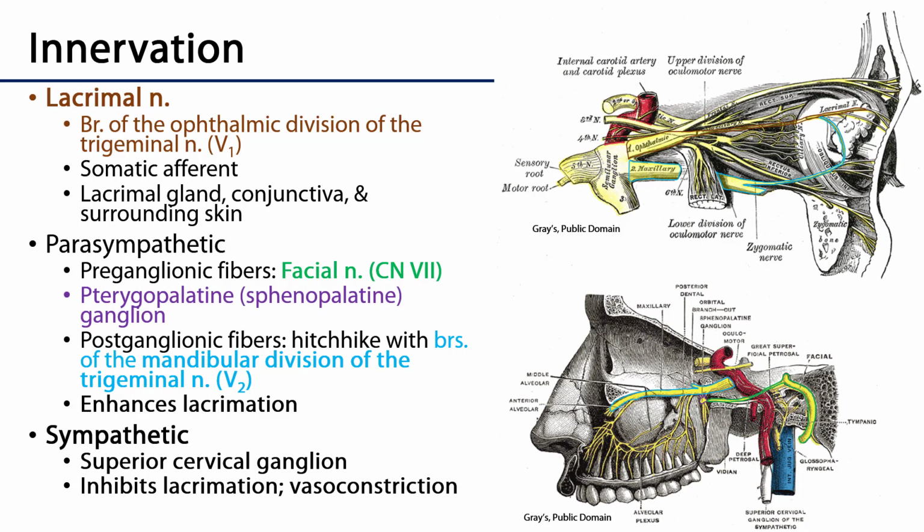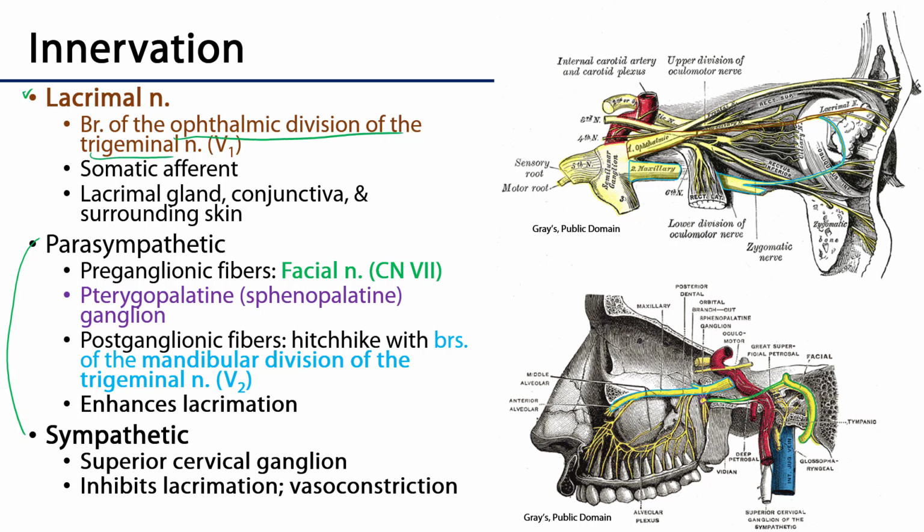It's important that we differentiate between somatic versus autonomic innervation of the lacrimal gland. The lacrimal gland's somatic innervation is courtesy of the lacrimal nerve. The lacrimal nerve is a small branch of V1, which is the ophthalmic division of the trigeminal nerve.